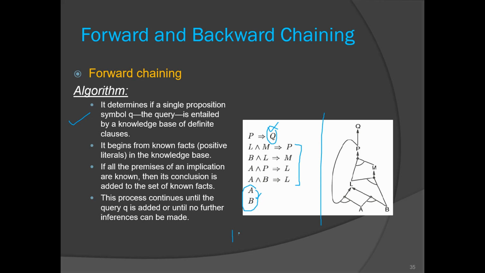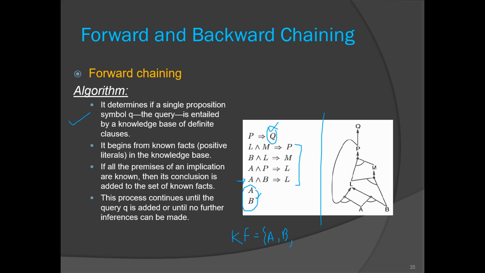So I will maintain a set of known facts. Initially A and B will be there, and if all the premises of an implication are known, then I will add the conclusion to the known facts. Now let us find out the implication where all the premises are known.